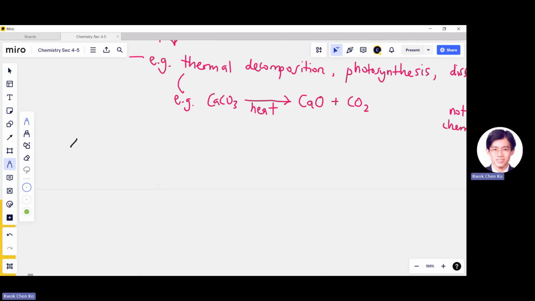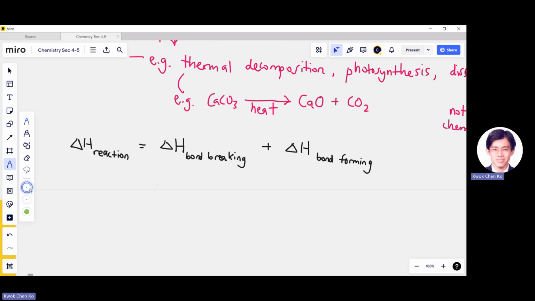One more formula: delta H for a reaction equals delta H on bond breaking, remember, always break the bonds first, plus delta H for bond forming.